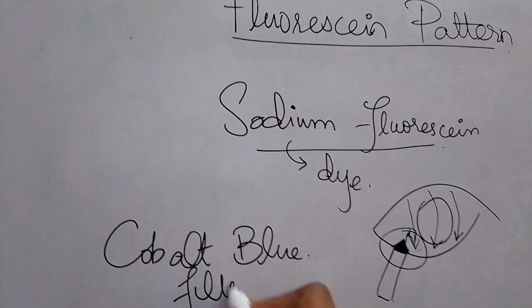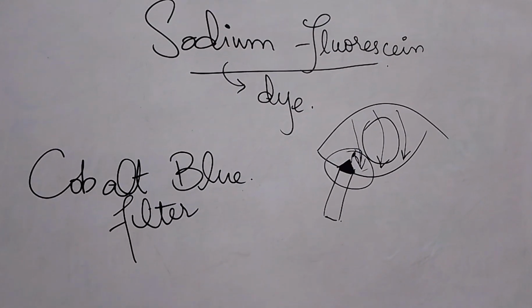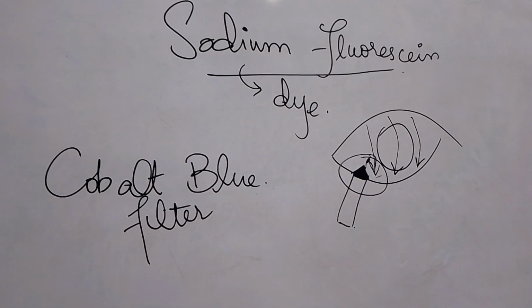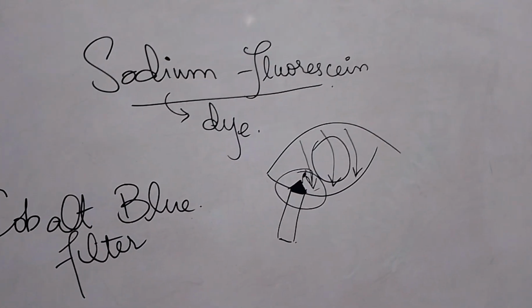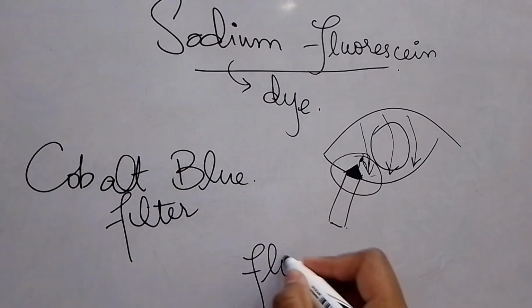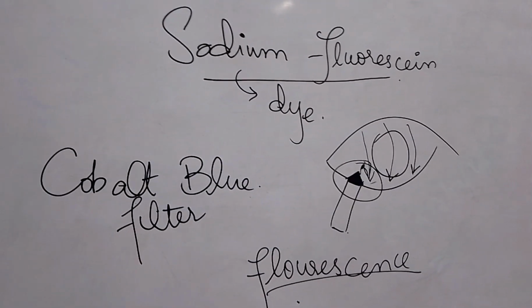In the slit lamp we have an option of the cobalt blue. You turn on that filter, and then the fluorescence principle will occur. Fluorescence is the principle on which we do all the tests that include the fluorescein dye, right?